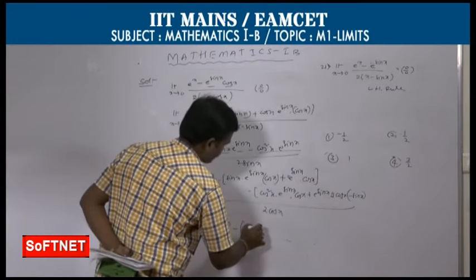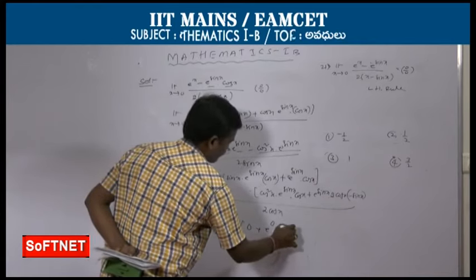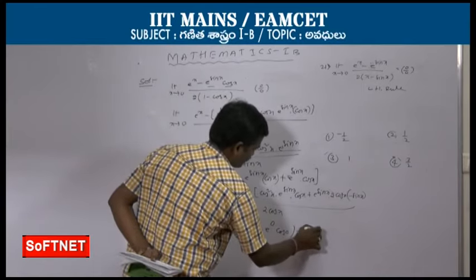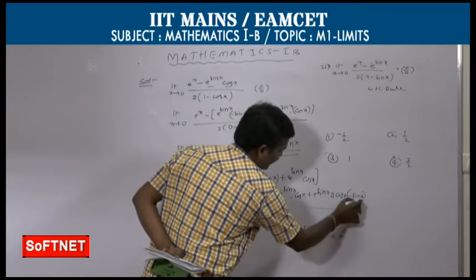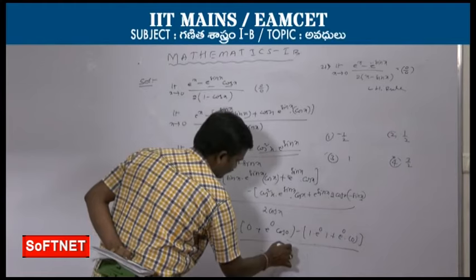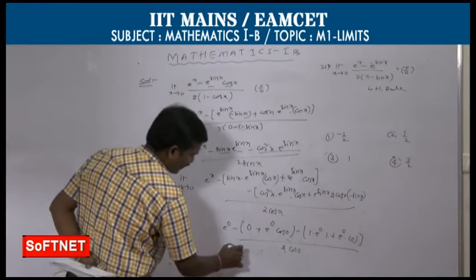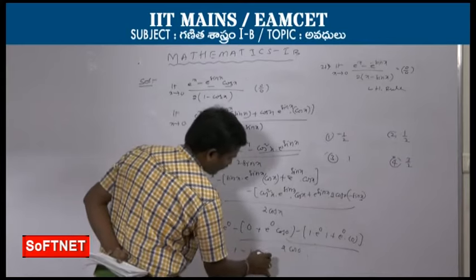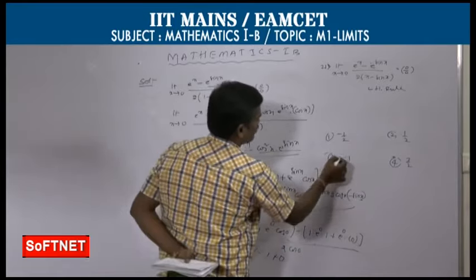Here e^(sin 0) is 1, cos 0 is 1, cos^2 of 0 is also 1, e^(sin 0) is 1, plus e^0 into the sin part, which will be completely 0, over 2 cos 0, which is 2 times 1. So e^0 is 1, minus 1, minus 1 plus 0. The 1s cancel, and the answer is minus 1. Minus 1 is the correct option.